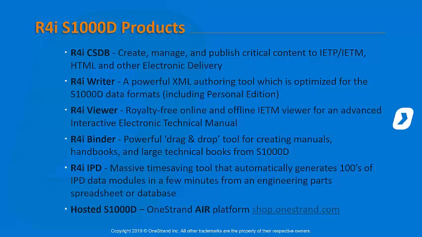Writer is available in a standalone edition as well, so you don't have to have a CSDB to utilise our R4I Writer technology. Our viewer is our royalty-free online and offline IETM viewer. Now, R4I Viewer is for Windows, and we have R4I MobiTP, which is also royalty-free for Android and iOS.